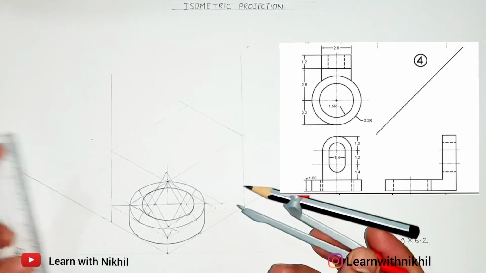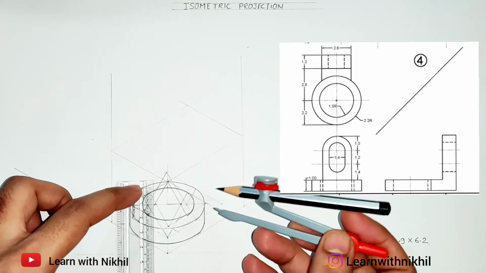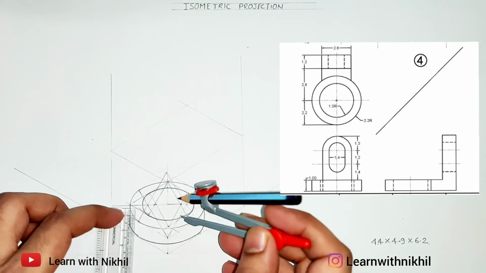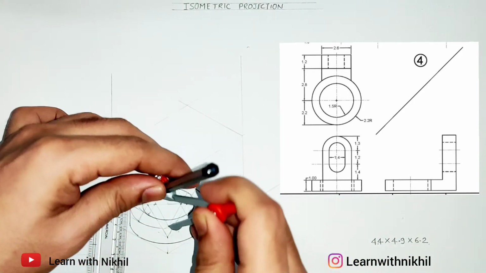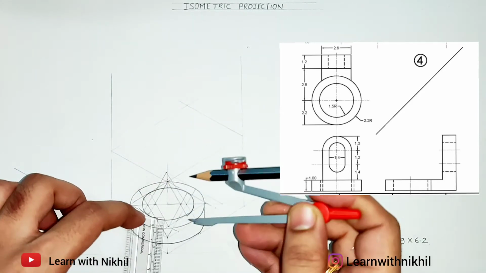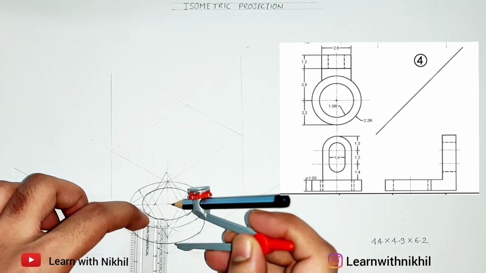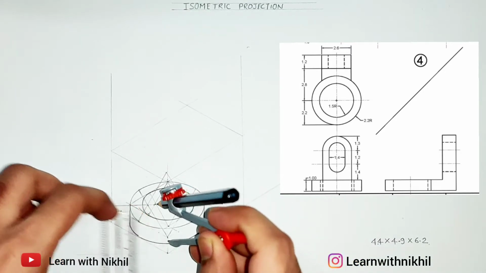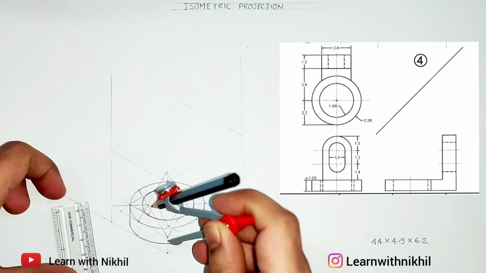Now the inner circle thickness is 1 centimeter. So its inner curve edge will also be visible. So this was the radius. We have drawn this curve. So we have to shift this curve below 1 centimeter. So 1 centimeter below, and we'll draw the curve.